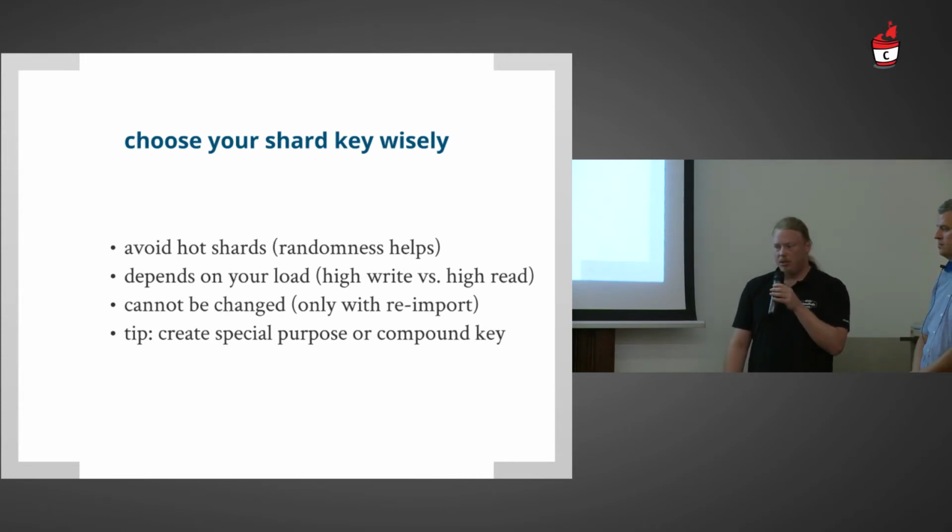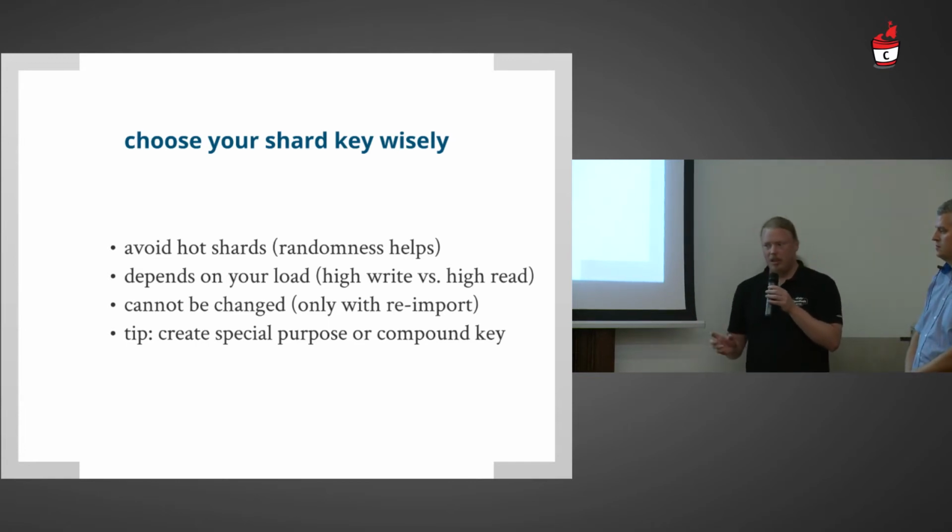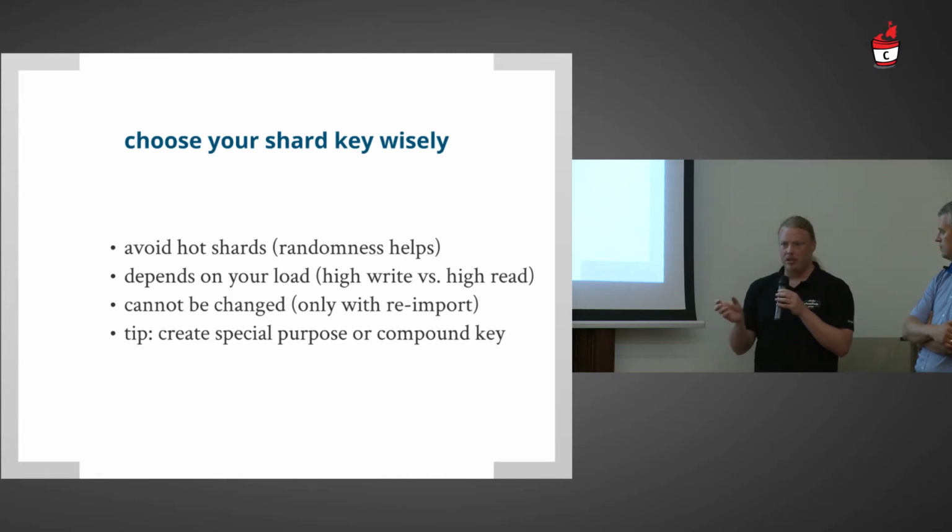So when we're talking about sharding, we said we have to specify a shard key. And we learned that you have to think a little bit about this, as always, because the first problem you usually run into is that you have a hot shard. In our case, the first field that came to mind to use as a shard key is our ad ID.